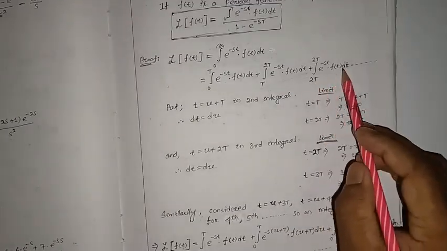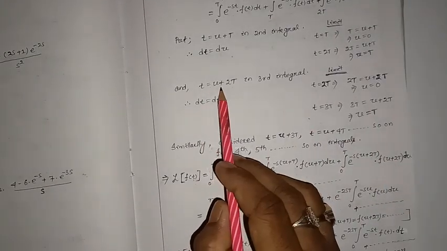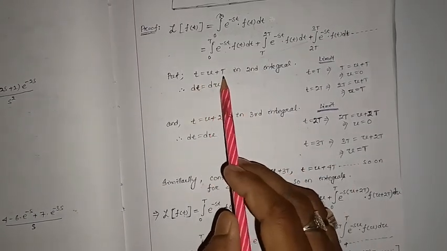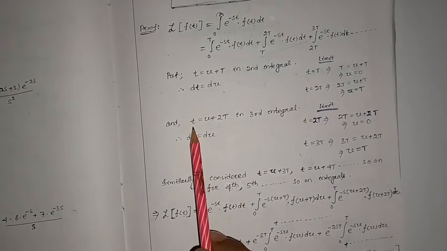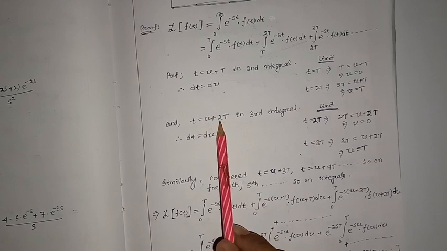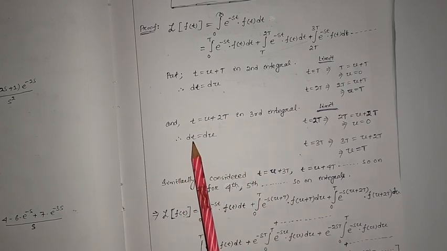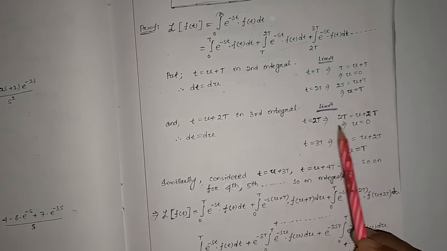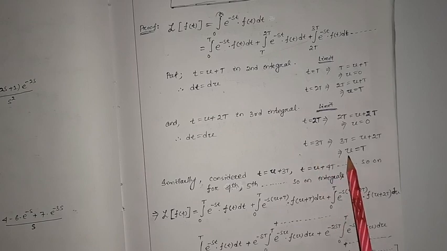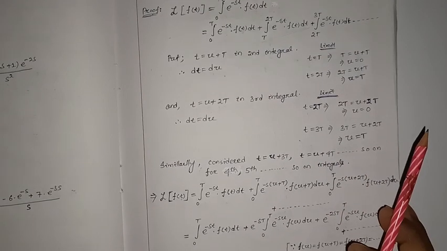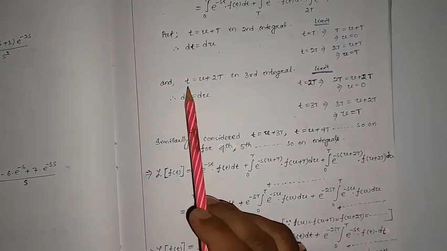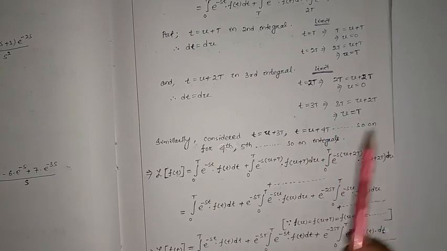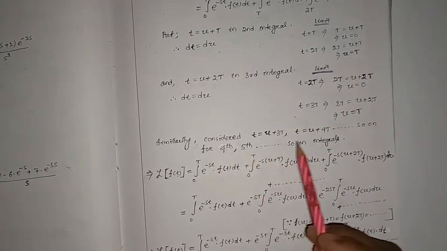In the second integral we considered t equal to u plus T, but for the third integral we have to consider t equal to u plus 2 into capital T. So dt equals du, and the corresponding limits: when t equals 2T, u equals 0, and when t equals 3T, u equals capital T. Similarly, we consider t equal to u plus 3T, t equal to u plus 4T, and so on for the fourth, fifth, and further integrals.